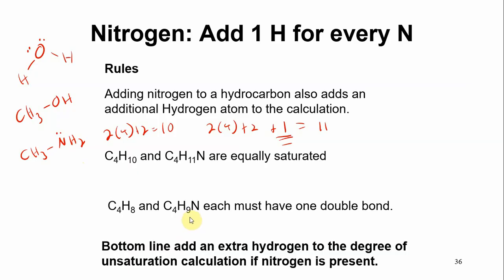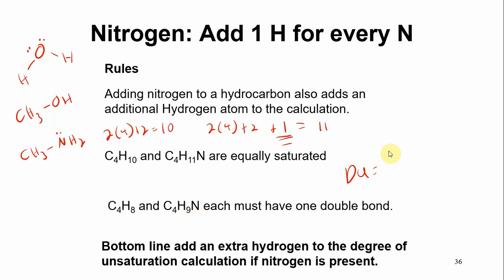So if we look at this here, let's do a calculation. With this formula, what's the saturated formula for this? It's this one up here. So how do we calculate degrees of unsaturation? This is your saturated formula.